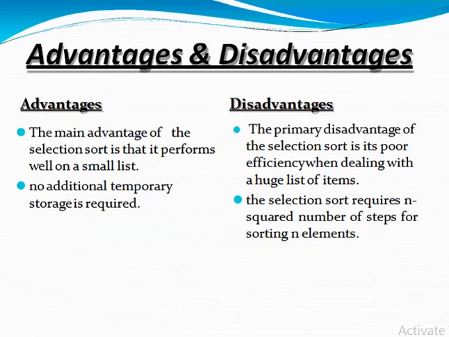There are certain advantages and disadvantages of selection sort. The main advantage of selection sort is that it performs well on a small list. If your list of elements or array is quite small, we can use selection sort for sorting it. The second advantage is that no additional temporary storage is required.